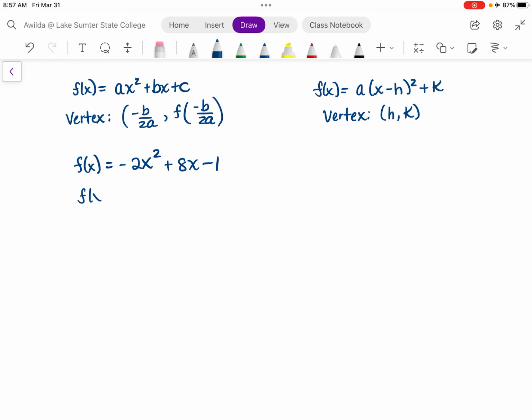So we'll write this as f of x equals negative 2 times x squared minus 4x, leaving some room to complete the square, and then we'll write the negative 1 at the end. Again, to complete the square inside parentheses, we divide the middle coefficient by 2 and then square. Negative 4 divided by 2 is a negative 2, and when we square a negative 2, we get positive 4.